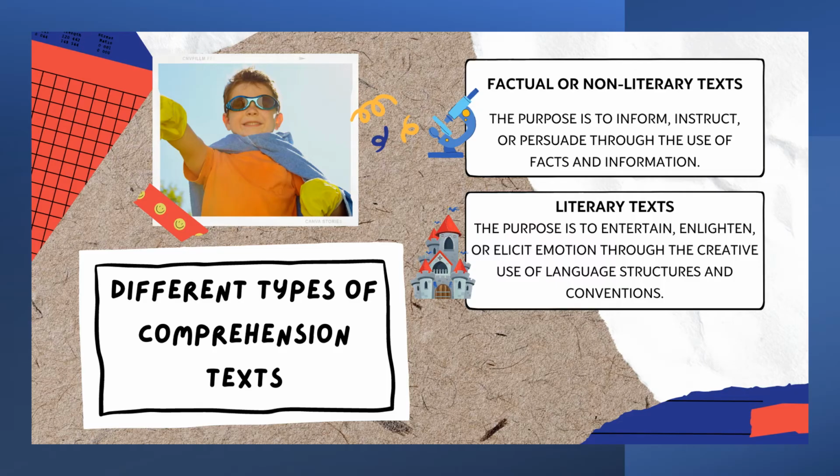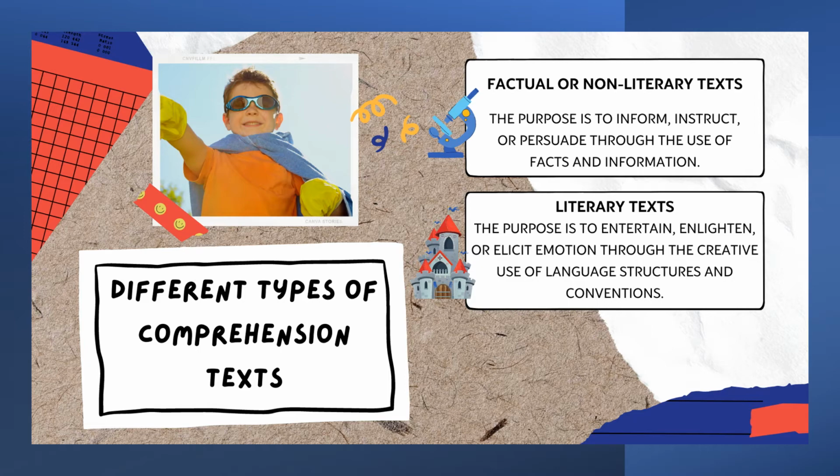There are different types of texts that can be read for understanding. These include factual or non-literary texts and literary texts. The purpose of factual or non-literary texts is to inform, instruct, or persuade by using facts and information.